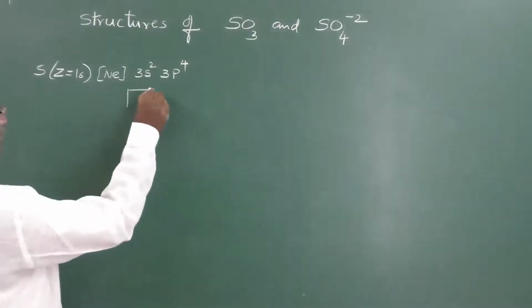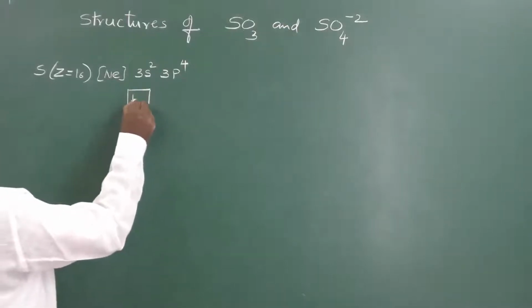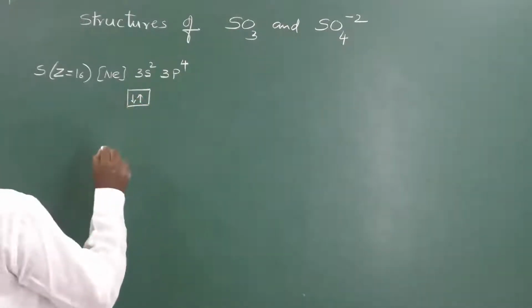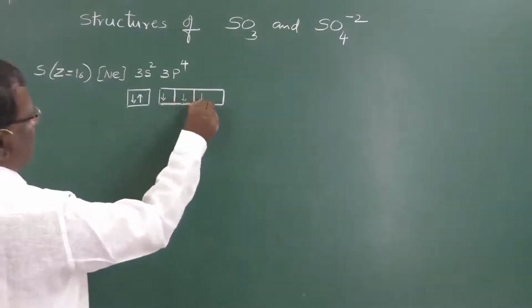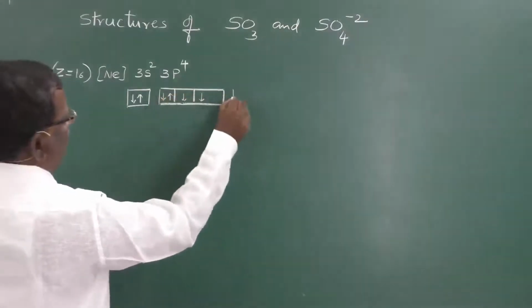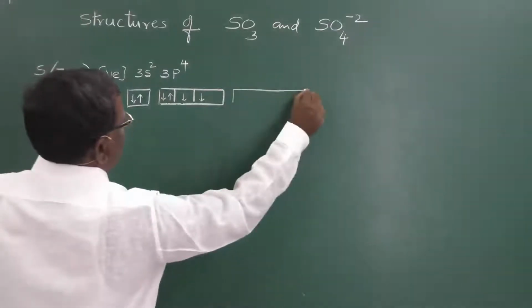In the valence shell of sulfur, 2 electrons are present in the 3s orbital, 4 electrons are present in the p orbitals, and the d orbital is empty.